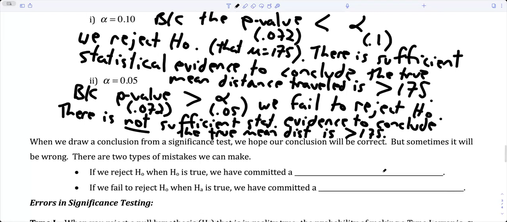Okay, so now when we draw a conclusion, we hope our conclusion will be correct, but sometimes it will be wrong. So there are two types of mistakes that we can make. If we reject H naught when H naught is true, we have committed, we are pretty creative, so we call this a type 1 error.